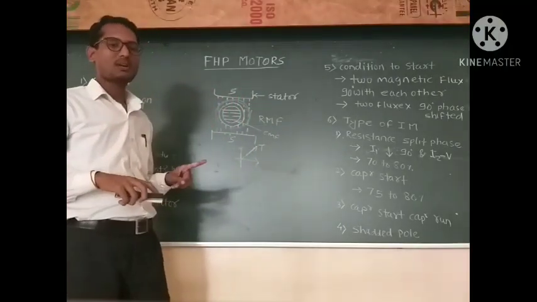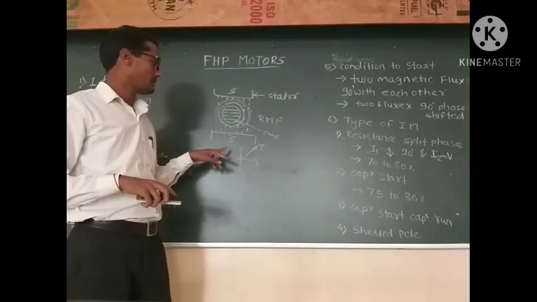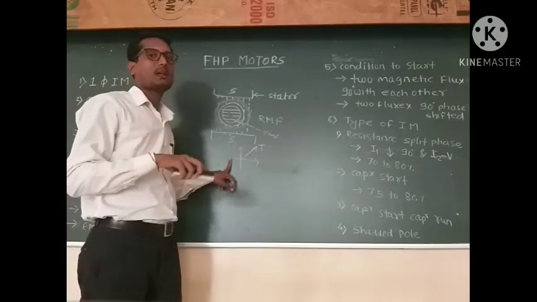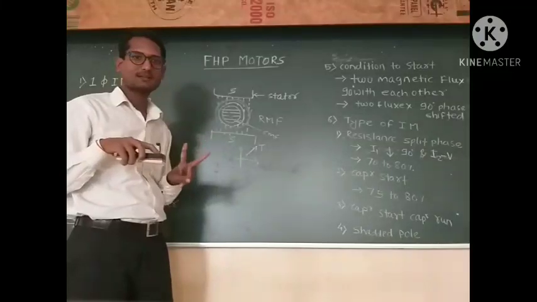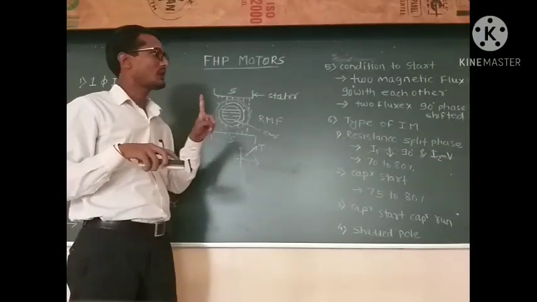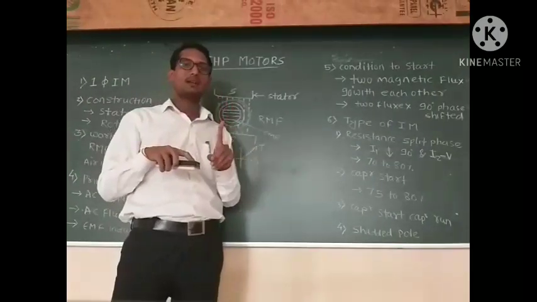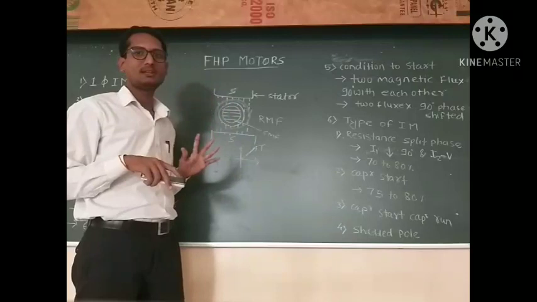What are these conditions? First condition is that to produce torque in the induction motor, it requires two types of magnetic fluxes, and these two magnetic fluxes must be 90 degrees in phase with each other.